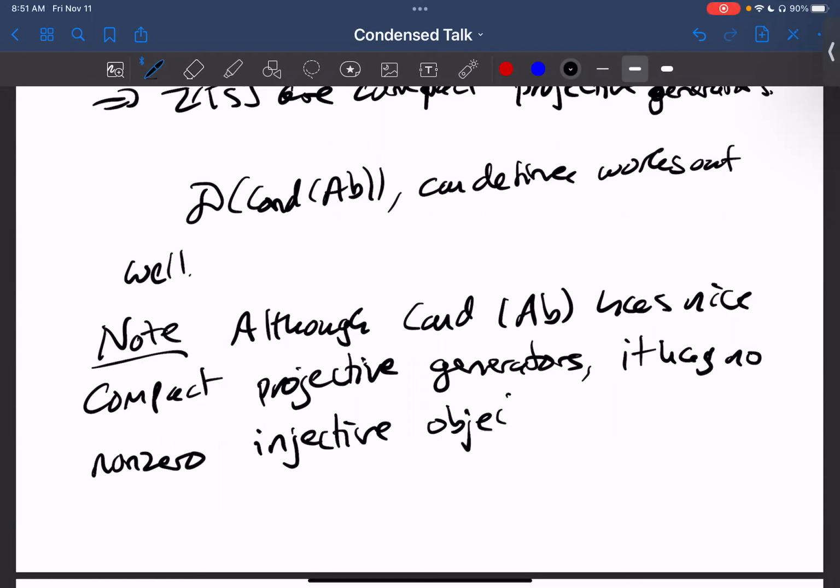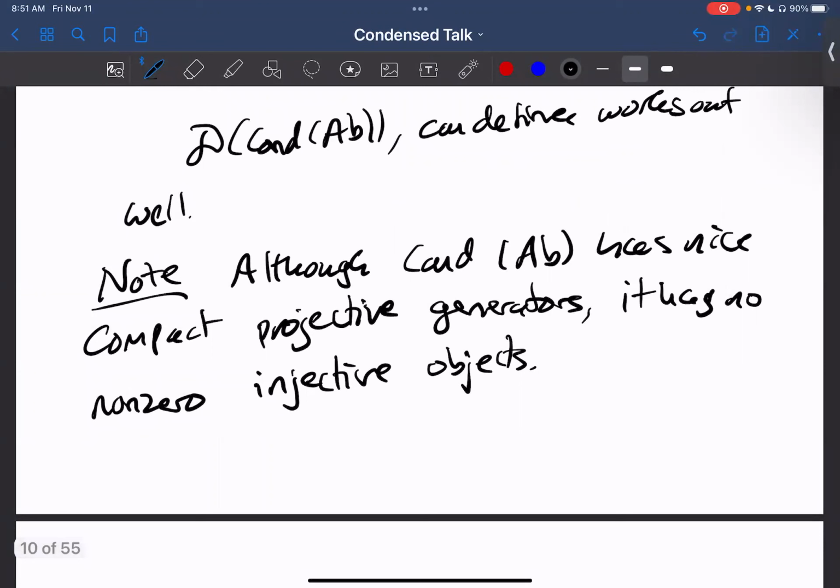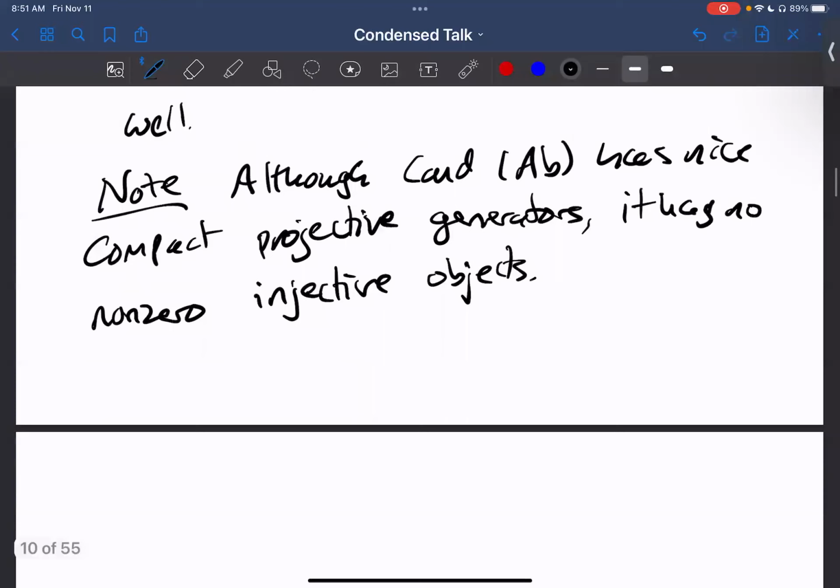So you have to be a little bit careful when trying to compute derived functors. It's fine if you're trying to derive in a way that you can use projectives to do it, but you can also worry a little bit about how that might go if you want to derive some stuff. So you really need to be a little bit careful with that.